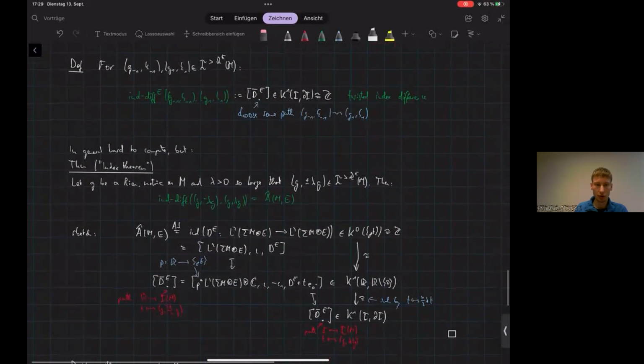Suppose we have a Riemannian metric, and we look at pairs of the form (g, λg), where λ is a real constant that can be positive or negative. Then the index difference between the pair where the sign is taken to be negative and the pair where the sign is taken to be positive is precisely this twisted A-hat genus.